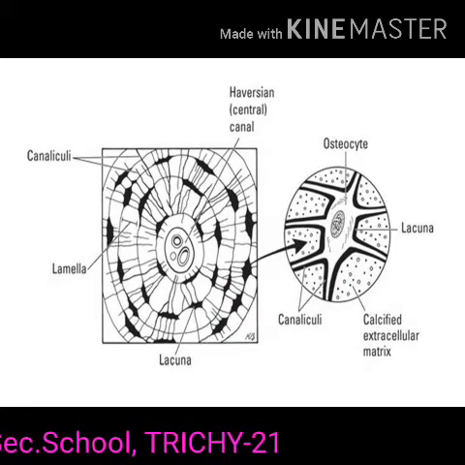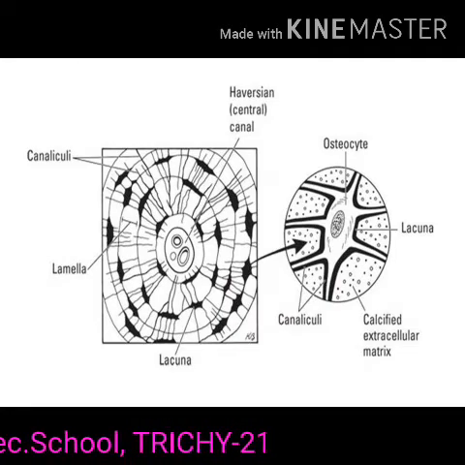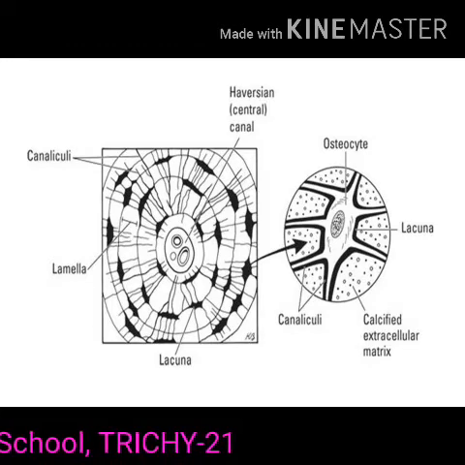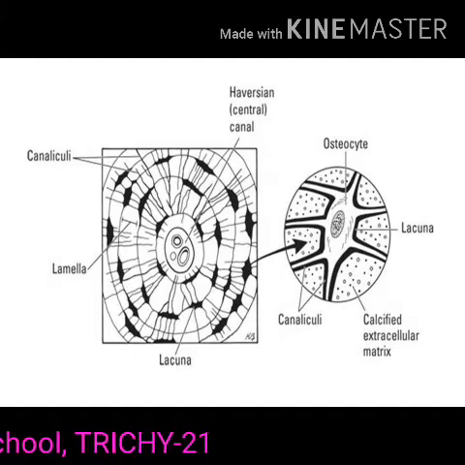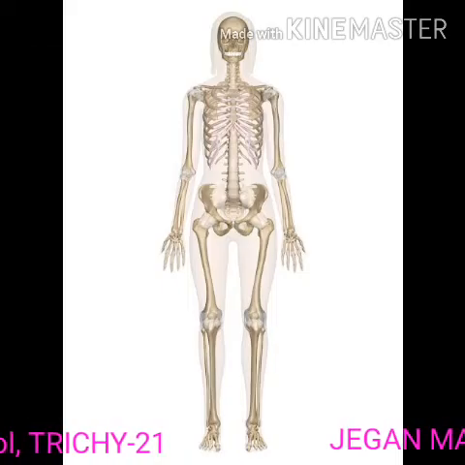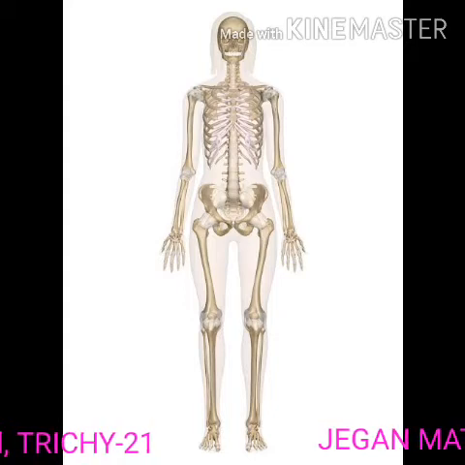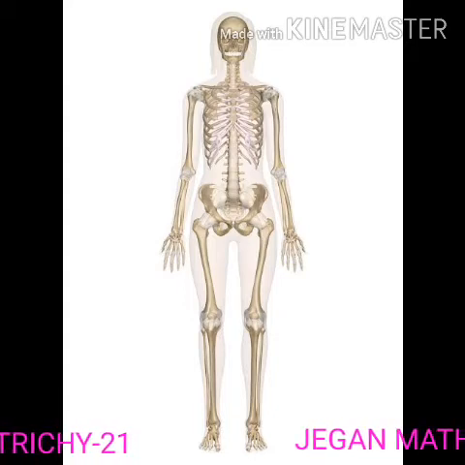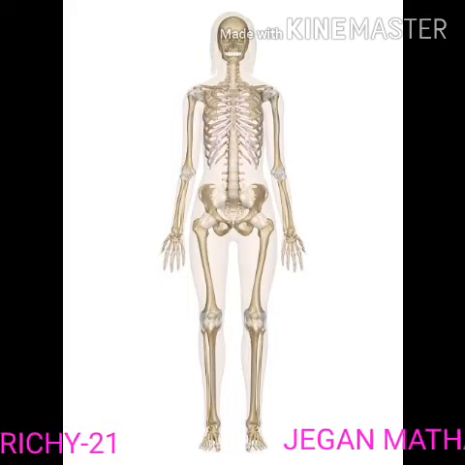They communicate with each other by a network of fine canals called canaliculi. The hollow cavities are called marrow cavities, filled with bone marrow. They provide shape and structural framework to the body. Bones support and protect soft tissues and organs.